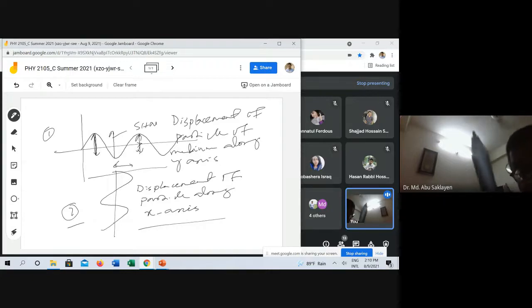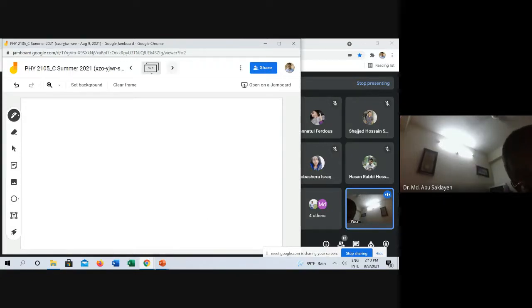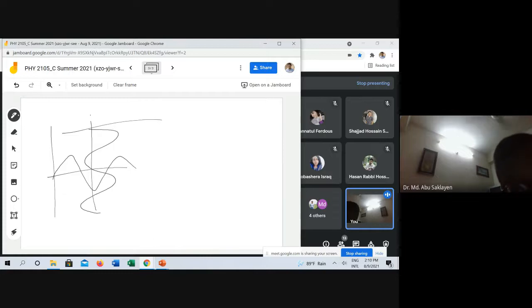But if these two waves set together in a medium like this, what will be the oscillation of the particle? How do you think? If one wave is moving along x-axis, another along y-axis, what will be the motion of the particle?